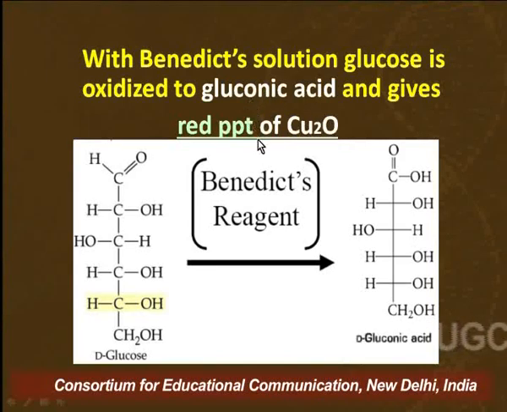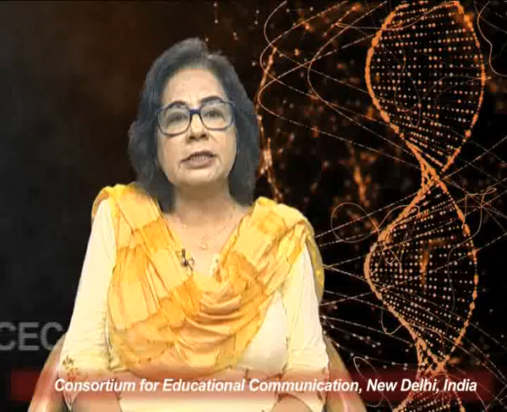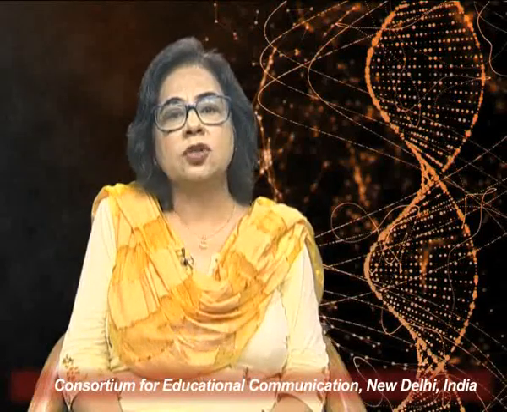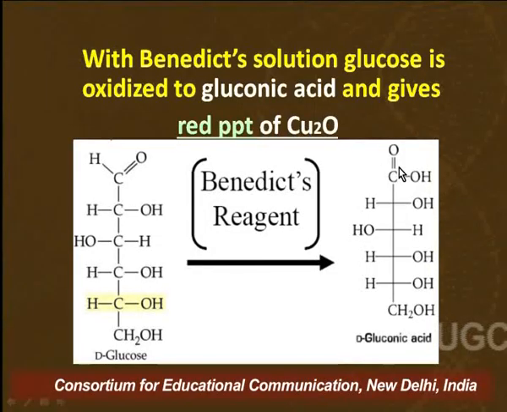In Benedict's reagent also, the oxidizing agent is cupric ions. Right. Now we carry out the reaction in alkaline medium. So what you have to remember is that when we are carrying out the oxidation with mild oxidizing agents, which may be bromine water, Fehling solution, Benedict's reagent, or Tollen's reagent, it is this aldehyde group which is oxidized to a carboxylic group, and none of the hydroxyl groups are attacked here.